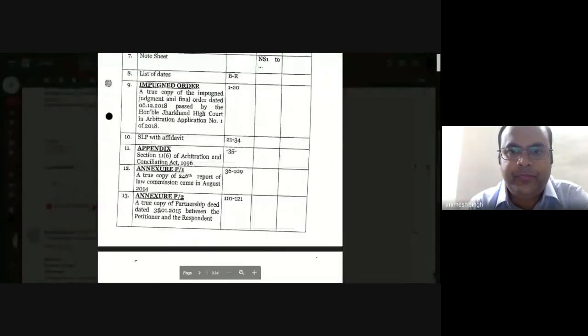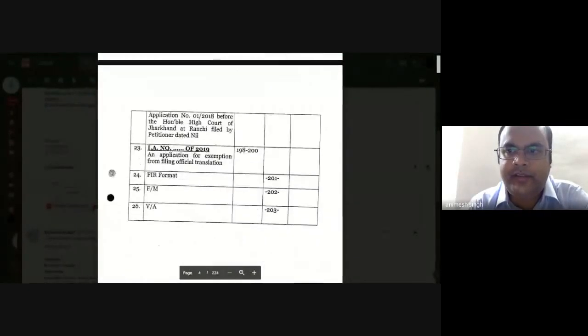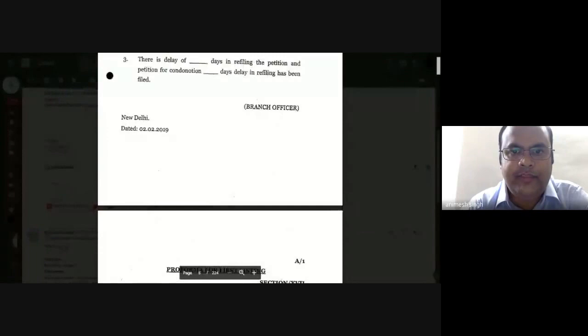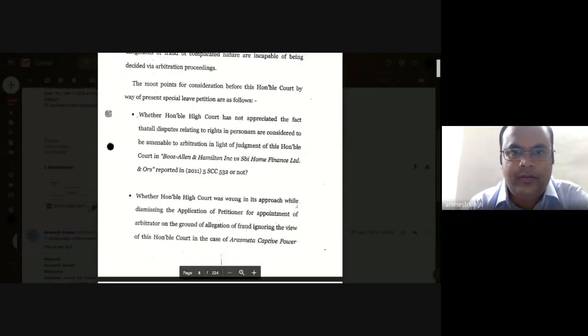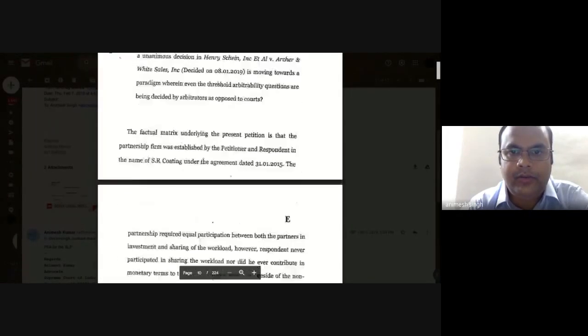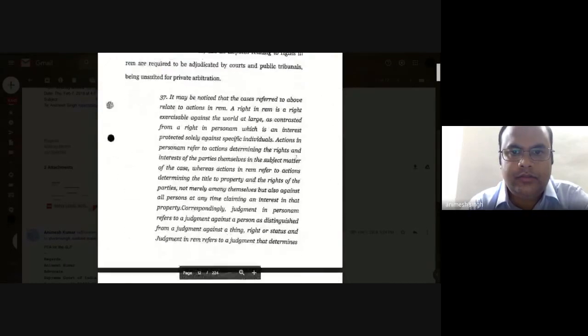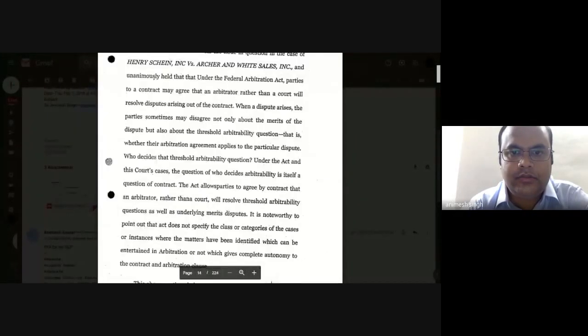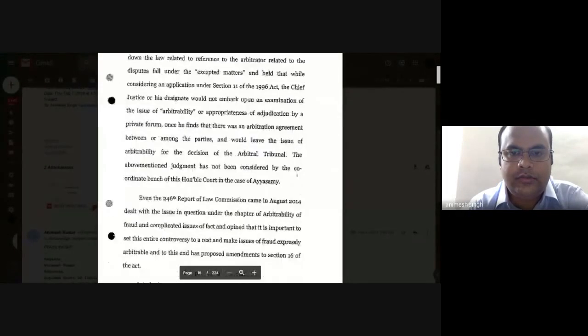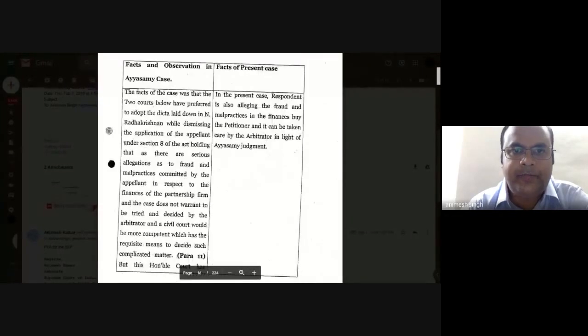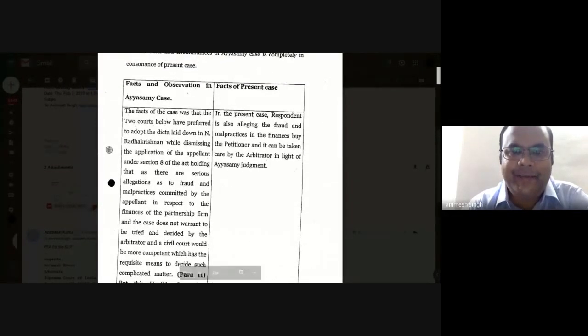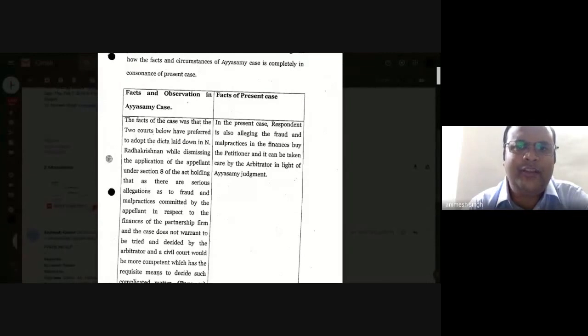So I will just show the relevant portion of my synopsis, which I was talking about. In this case, a synopsis has no format. If you think that a synopsis has some format, you have to draft it in your own way.